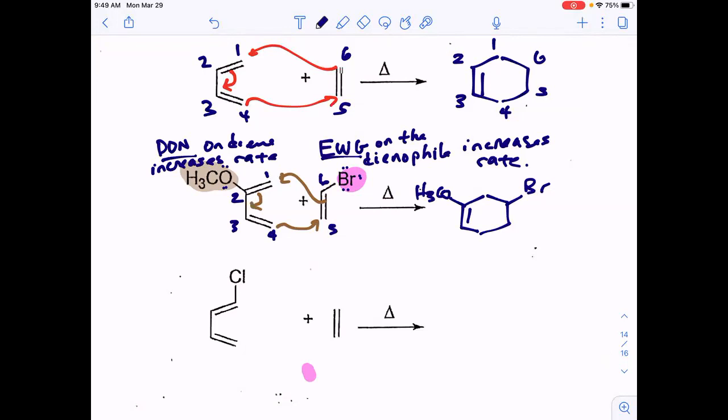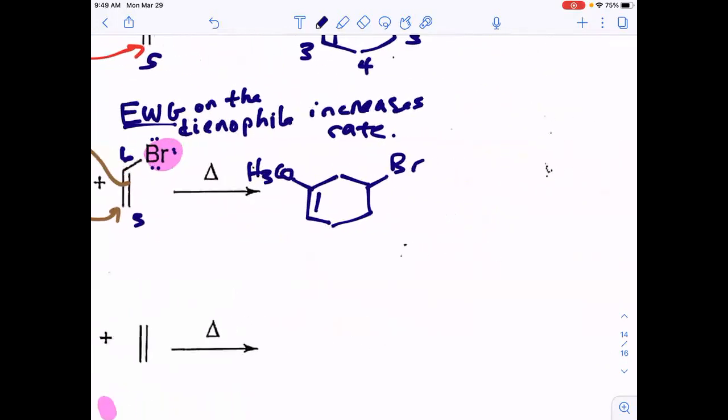And there's one other part that I'm going to slide in here because we covered this already. That bromine, would that be considered a chiral center where bromine is?